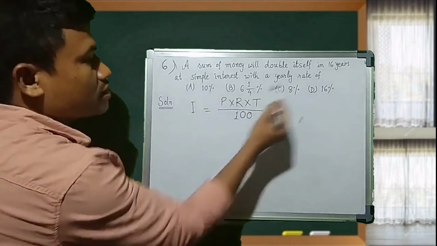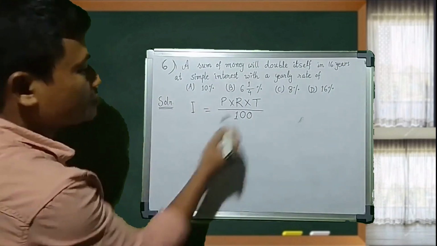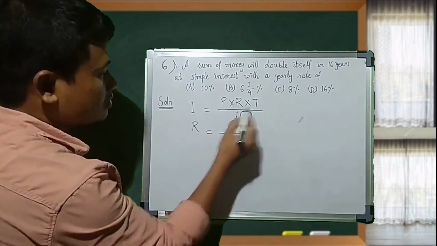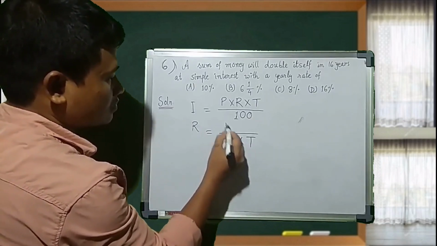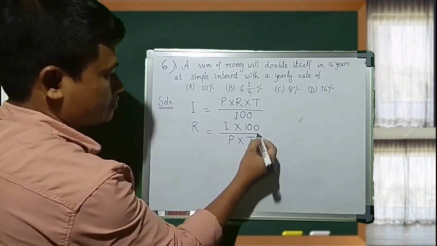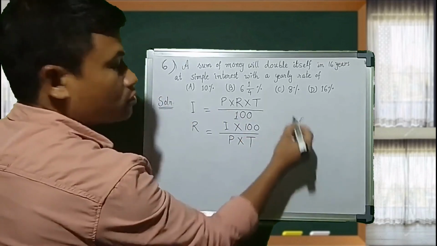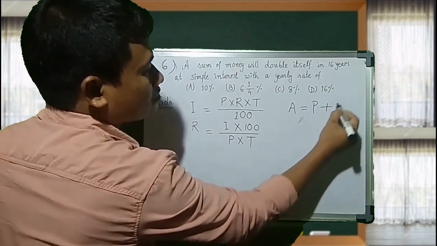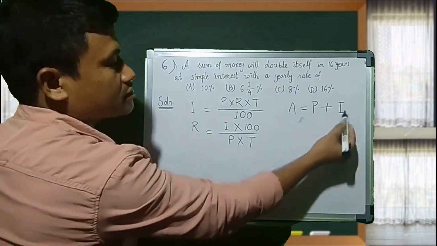Here in this problem we have to find the yearly rate, that means rate of interest R. So we can write R is equal to I into 100 divided by P into T. And then amount can be written as amount is equal to principal plus interest.